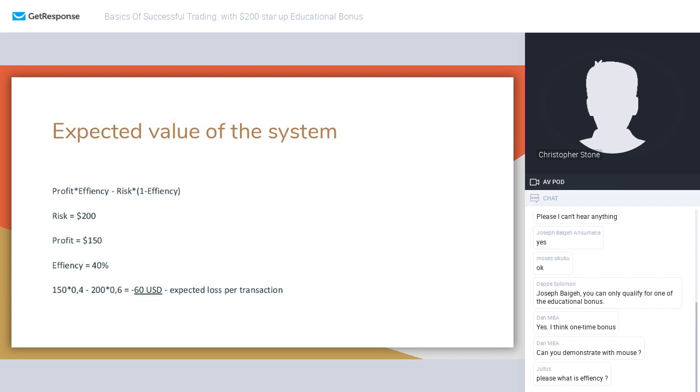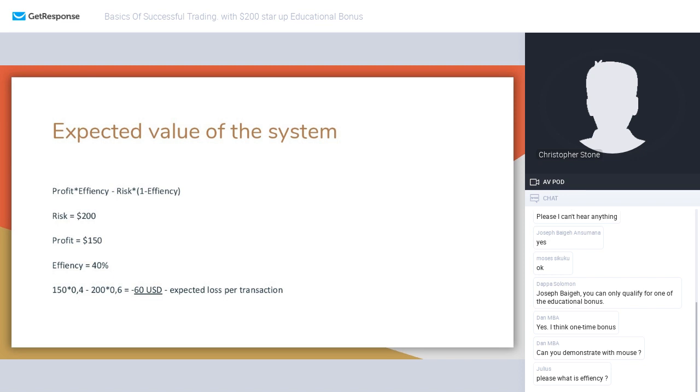So, of course, everybody knows the formula, right? This is the formula: profit times efficiency minus risk. You can calculate by yourself, for example, what will happen if we have 50% efficiency, our risk is 100 and our profit is 150.